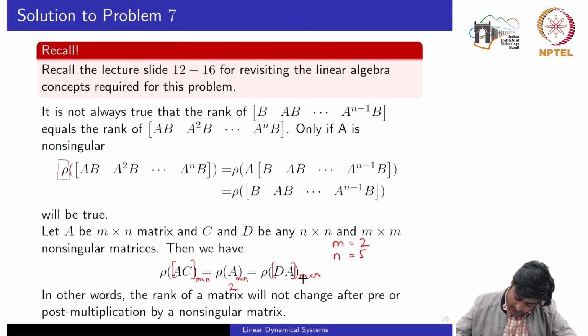And the rank of DA again would be equal to 2, and similarly the rank of AC would also be equal to 2. So this equality would always hold, which is equivalent to saying that pre-multiplying and post-multiplying a matrix by a non-singular matrix would not change the existing rank of that matrix.